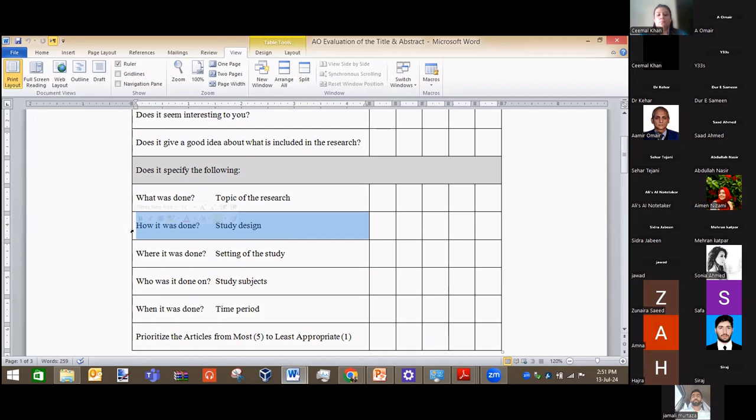All of these are not required. Just think of what is there in the articles that have been published, and that will give you an idea of what is to be there. This is important, where it was done. Now, you don't mention the name of the hospital, but you should mention a tertiary care or a teaching hospital or a rural setting or community. That should be there.